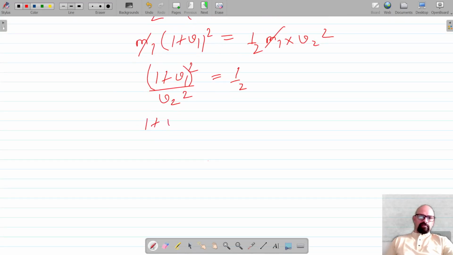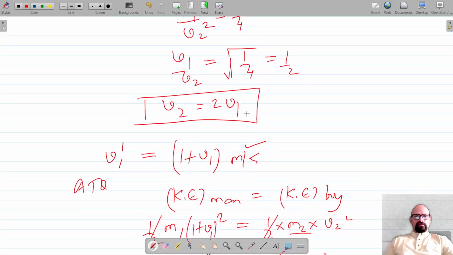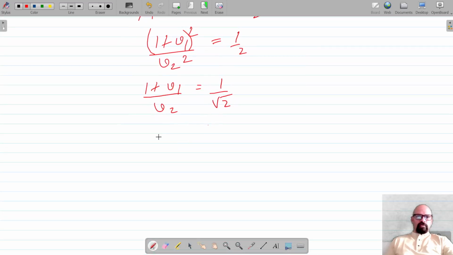That should give us (1 plus v1) over v2 is equal to 1 by root 2. Now let's replace the value of v2, the speed of the boy, which is 2 times the velocity of the man.